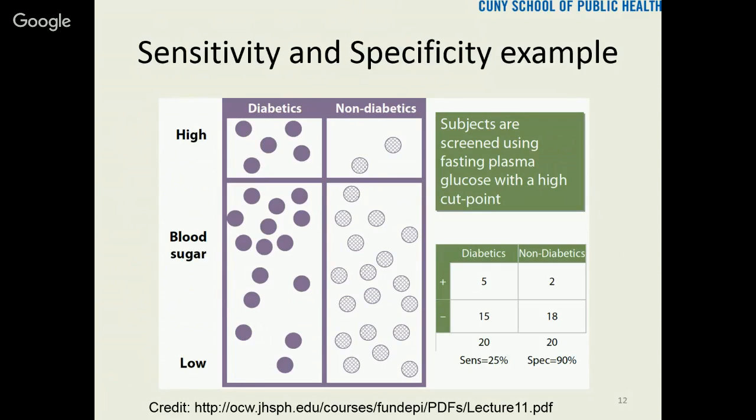So what's the standard in epidemiology when testing a product to see if it works or not? Do you look at sensitivity or specificity? It's a good question. Do you care about sensitivity or specificity?